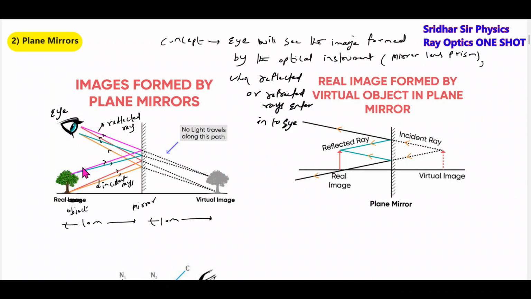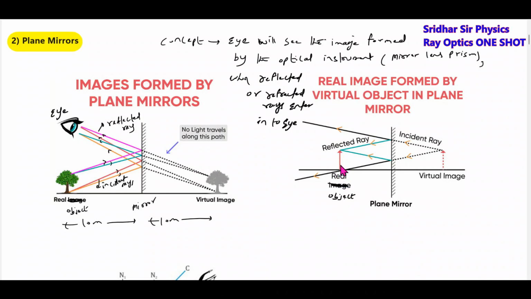Hope you got this. So this is a real object. What is a real object? Where the incident rays diverge from a point, that becomes a real object. And what do you mean by virtual image? If the reflected rays diverge from a point, that will become a virtual image. So this is one basic idea. I'll explain this one. This is the real object. We have kept it here.